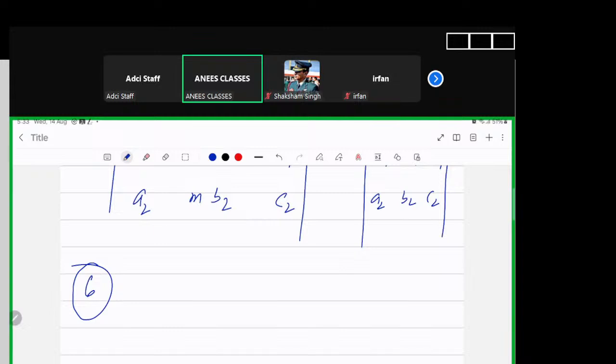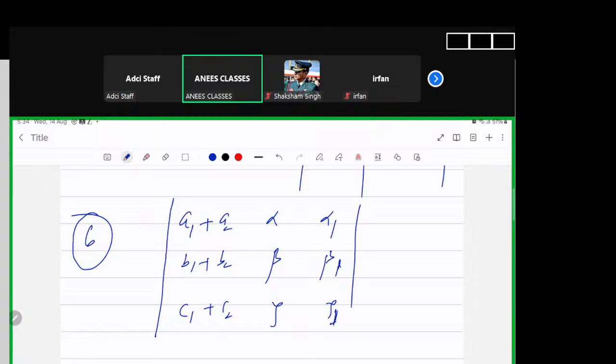Now the sixth. Suppose I have A1 plus A2, B1 plus B2, C1 plus C2, alpha, beta, gamma, alpha 1, beta 1, gamma 1.